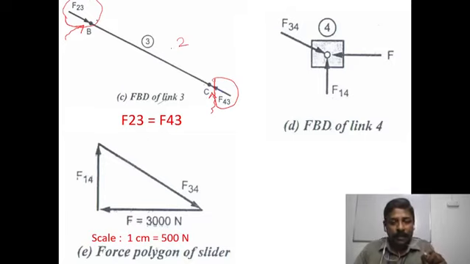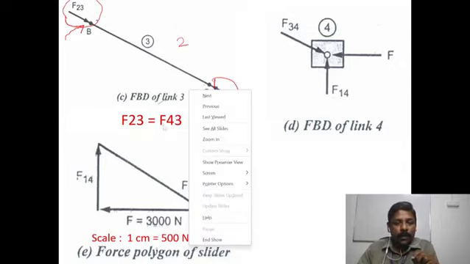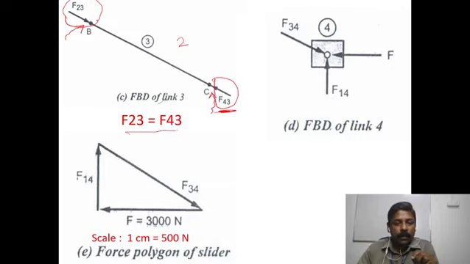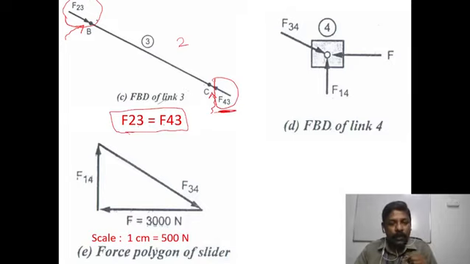So we should represent like this. And then we know that for equilibrium these 2 forces must be equal and opposite. So F23 is equal to F43. These 2 are equal and opposite. With this, link 3 is over.